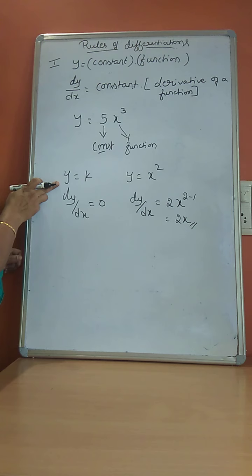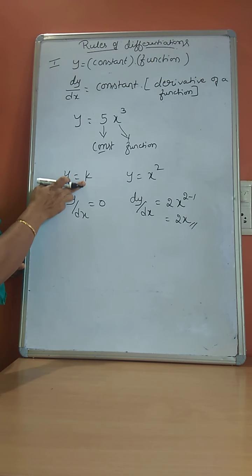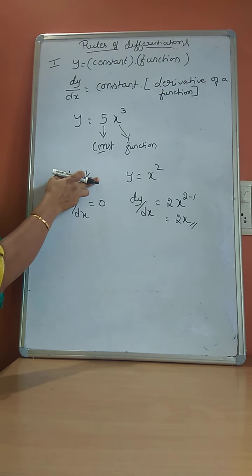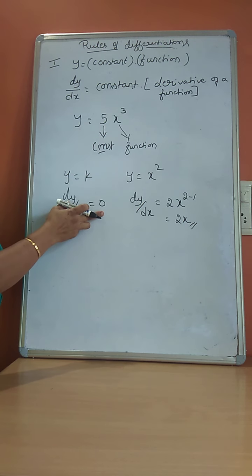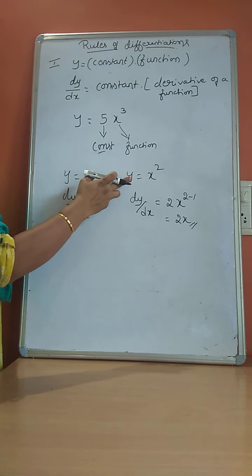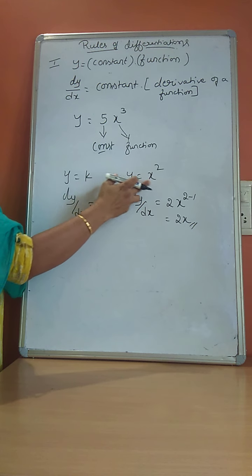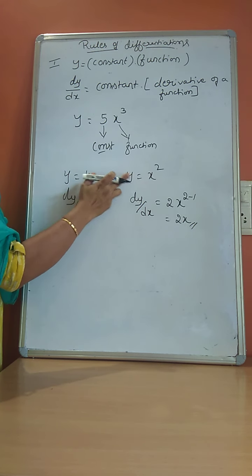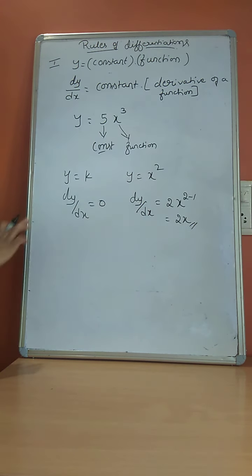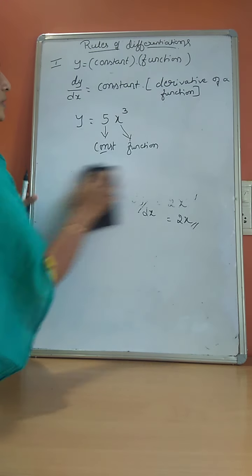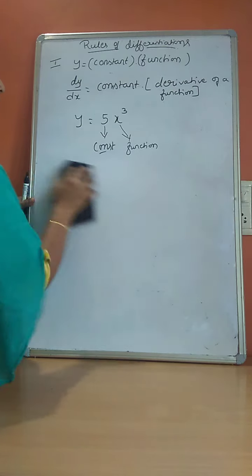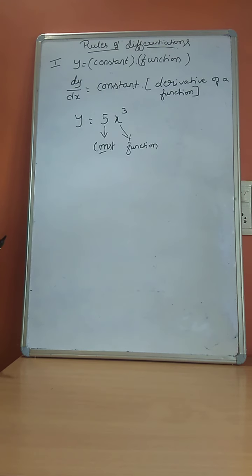If the given function is only constant, we get 0. If y is equal to x square, we get 2x. But here the condition is that the given function contains both constant and function. How to do this one?